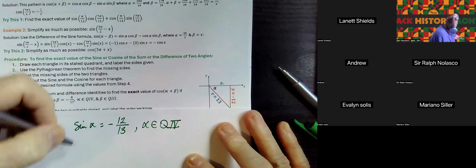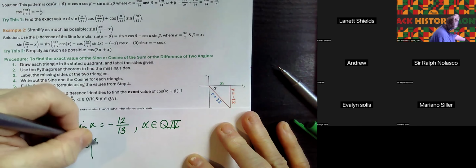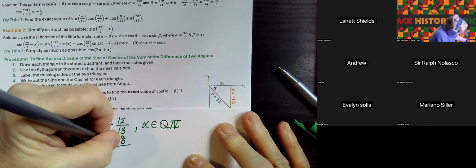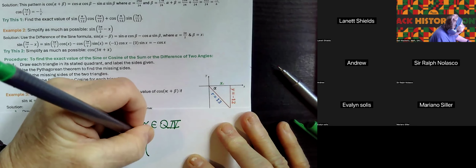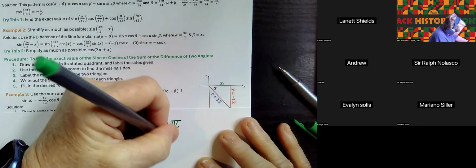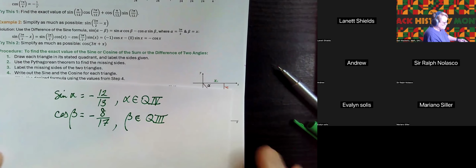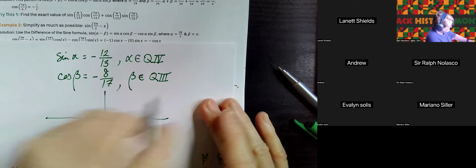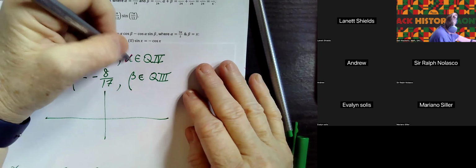We know that the cosine of beta is -8/17, and that beta is in quadrant 3. The quadrant tells me where I want to draw the triangle. So let's start with alpha.